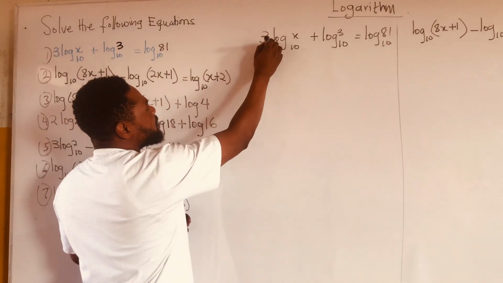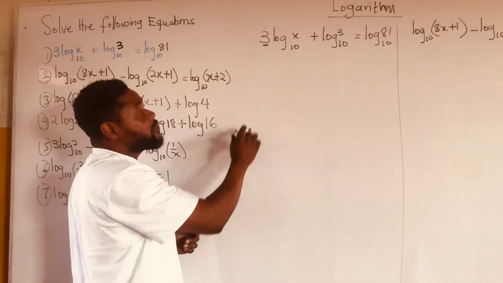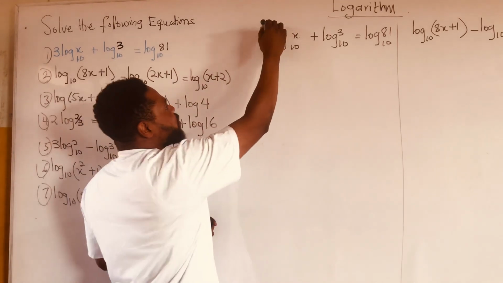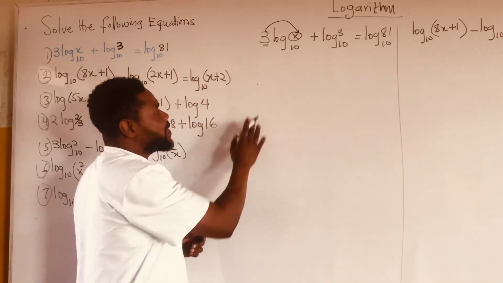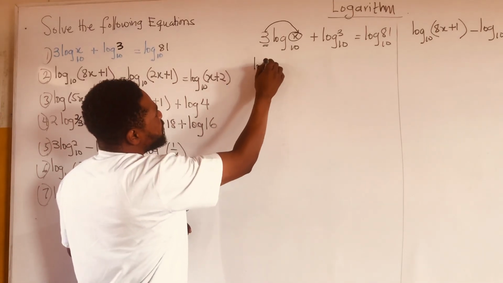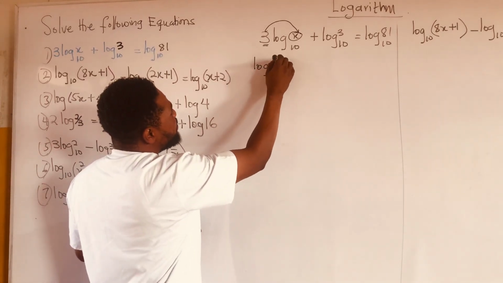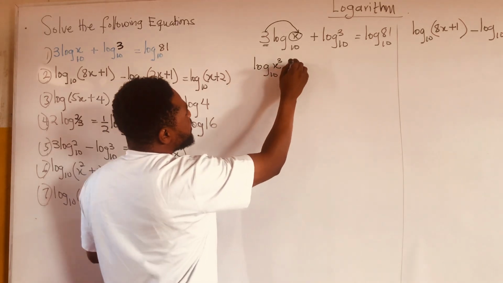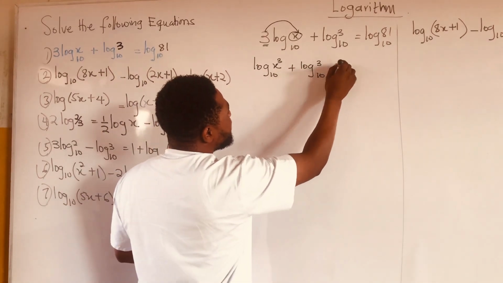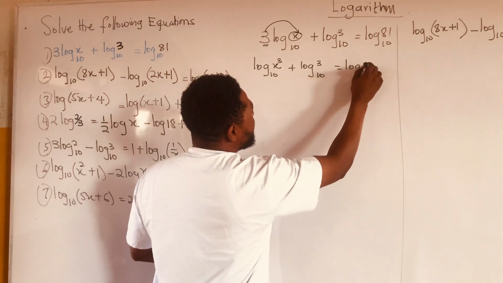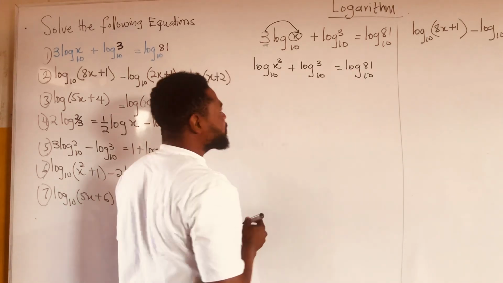Therefore, we can see that we have a number which is 3 behind the log here. So we'll move it as an exponent to this number that we have here. And that will give us log x raised to the power 3 base 10 plus log 3 base 10 equal to log 81 base 10.